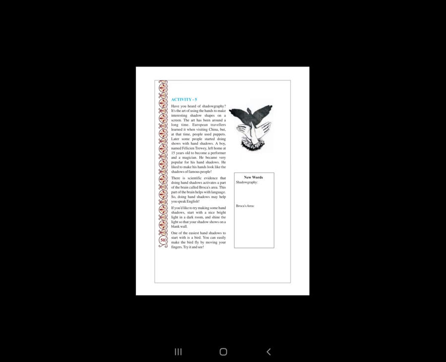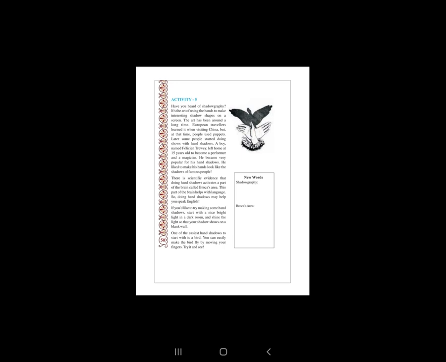Then fourth, what made Felician Trewey very popular, option C, his shadowgraphy of famous people. Then fifth, doing hand shadows activates a part of the brain called, option A, Broca's area. Then sixth, Broca's area in the brain helps with, option B, language.